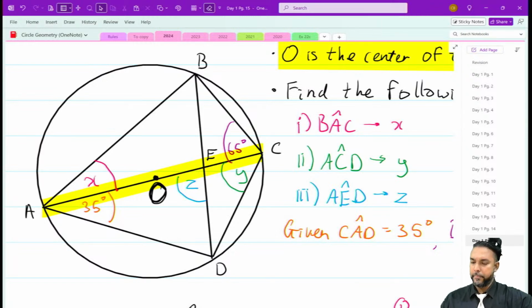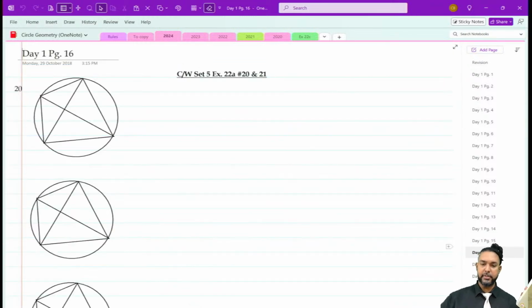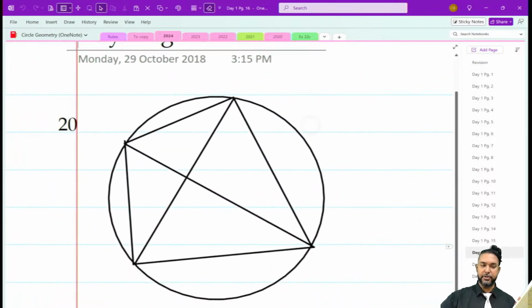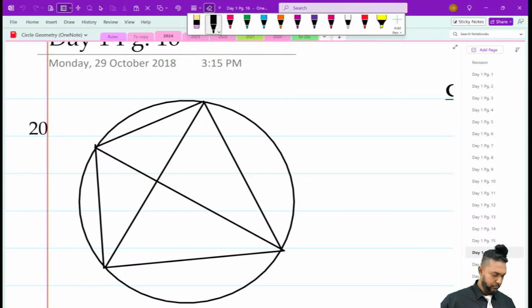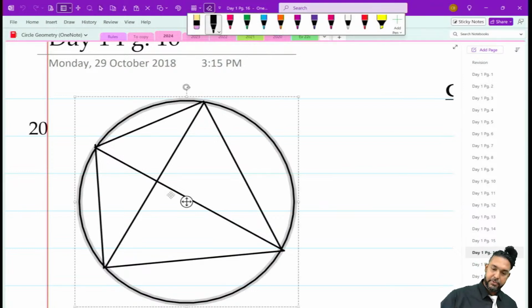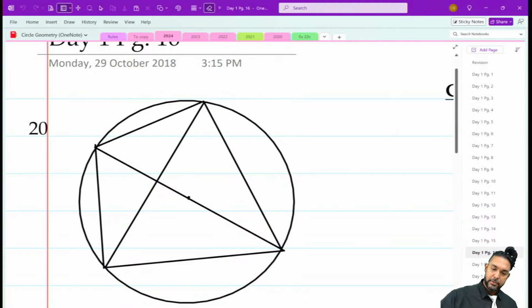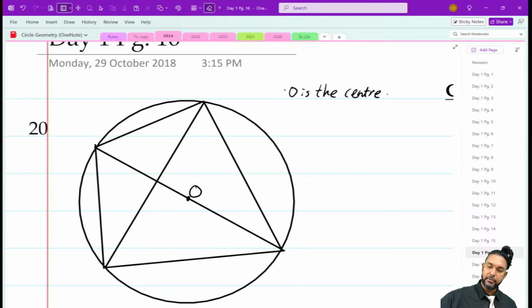Okay. Question 20 now, ladies and gents. So I'm just going to zoom in and put in the information. Give me a couple seconds to do so. So first things first, this point here, O, is the center of the circle.